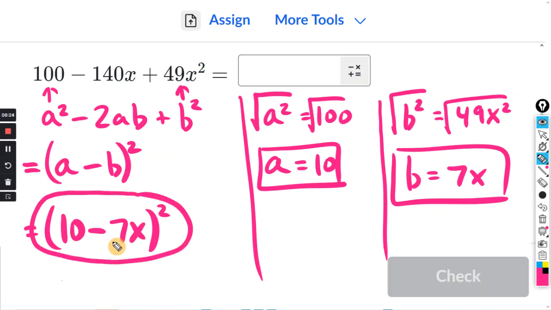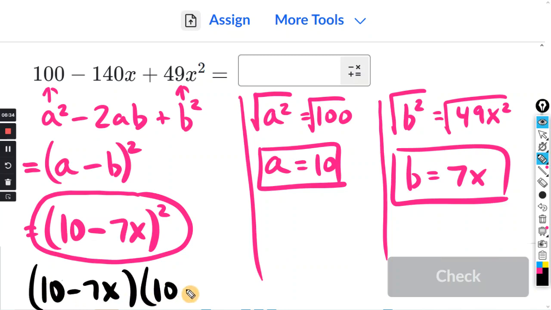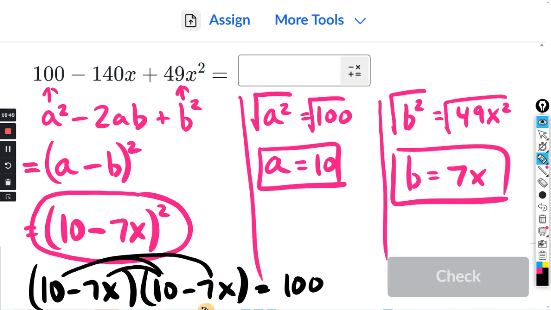Now, you might want to double check. Let's double check. 10 minus 7x, and it's squared, so it's times itself. 10 times 10 is 100. Inner, negative 7x times 10 is negative 70x. Outer, 10 times negative 7x is also negative 70x.